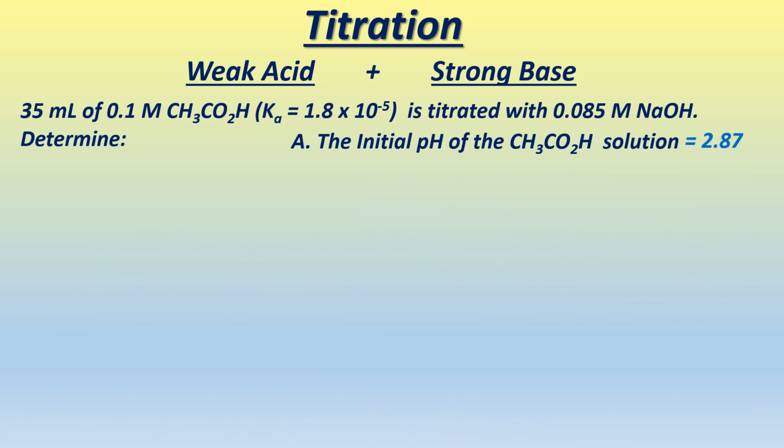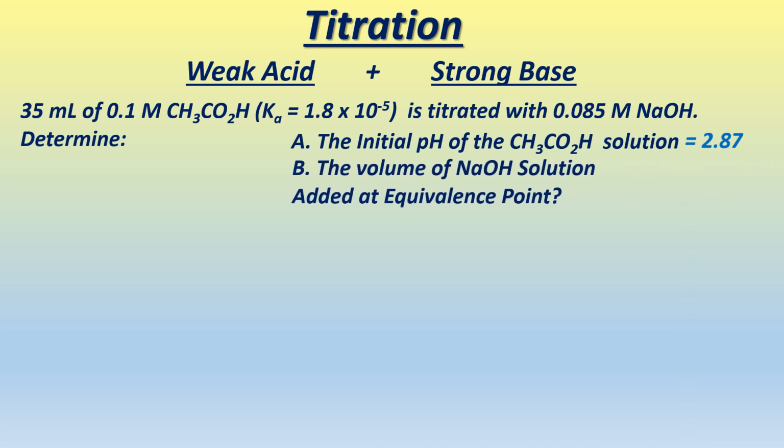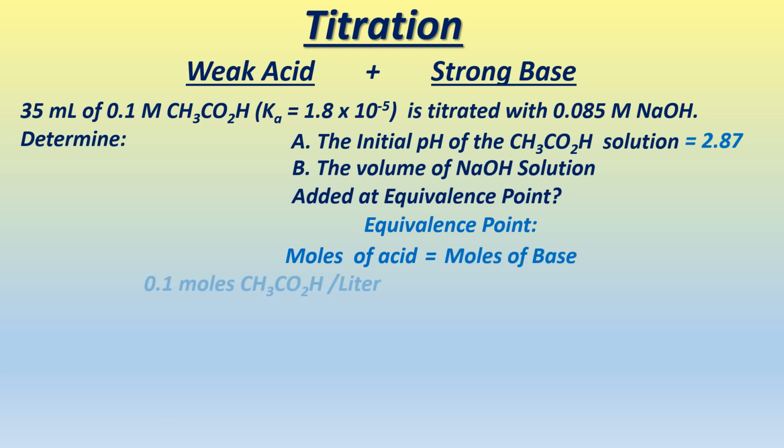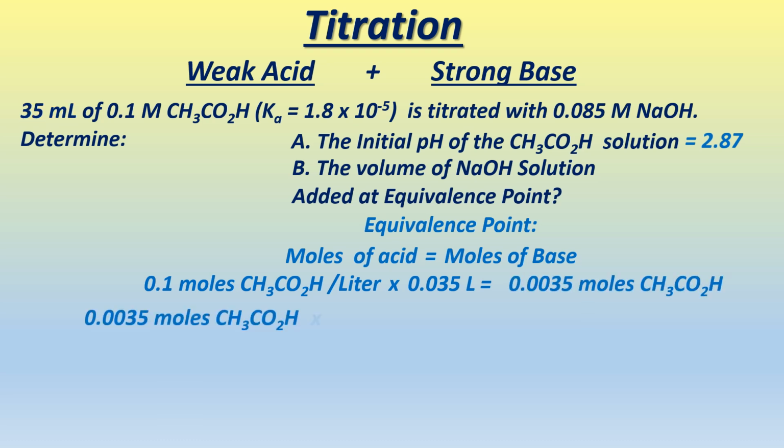Moving on, the second part of the question, the volume at the equivalence point. It should be noted that it's irrelevant whether you're talking strong acids and strong bases or weak acids and weak bases. The equivalence point is simply the point where the moles of acid and base are equal. So once again, I have my 0.1 mole per liter in 0.35 liters.